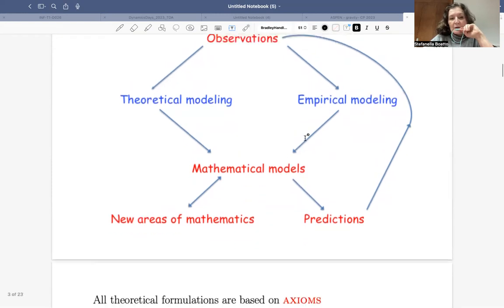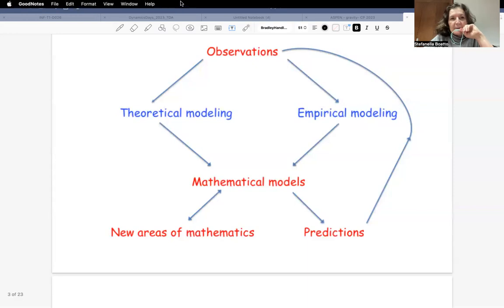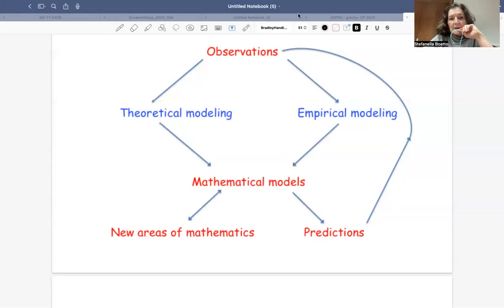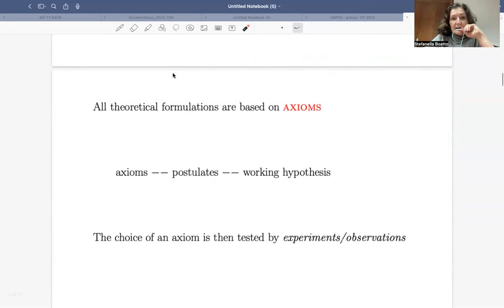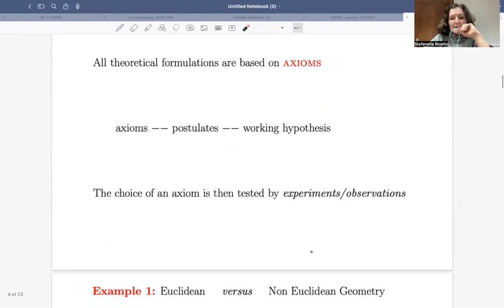When we talk in particular about theoretical modeling, what we need is to set up the axioms, meaning the working hypotheses or postulates of our theoretical model, the basis over which we build our theory. And then the choices that we make are eventually confirmed, one hopes, by experiment or further observation. So this is the first point.